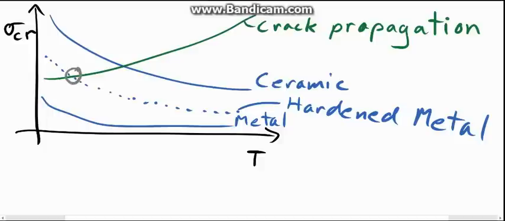And if we increase the strength of a metal high enough, we will start to have a brittle metal. And this is another way of looking at that ductility versus strength ratio that we discussed in the last class.